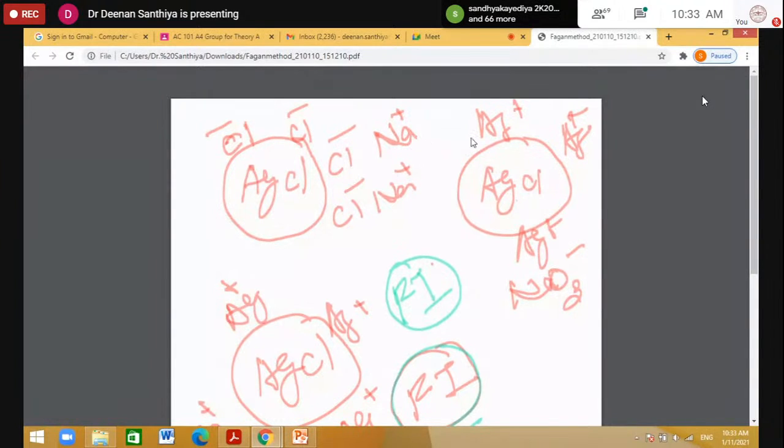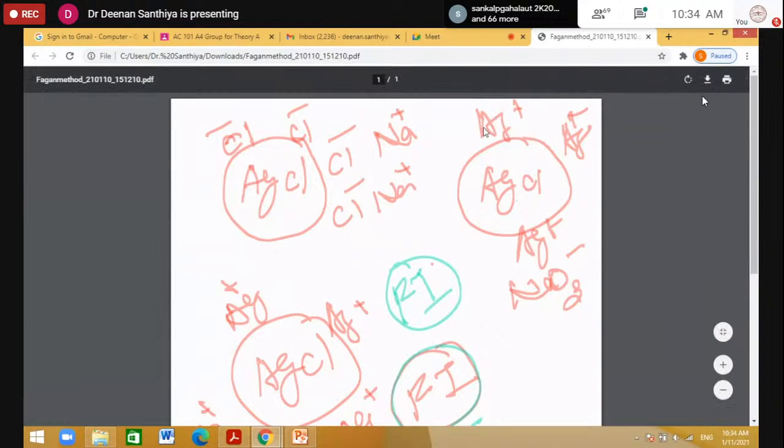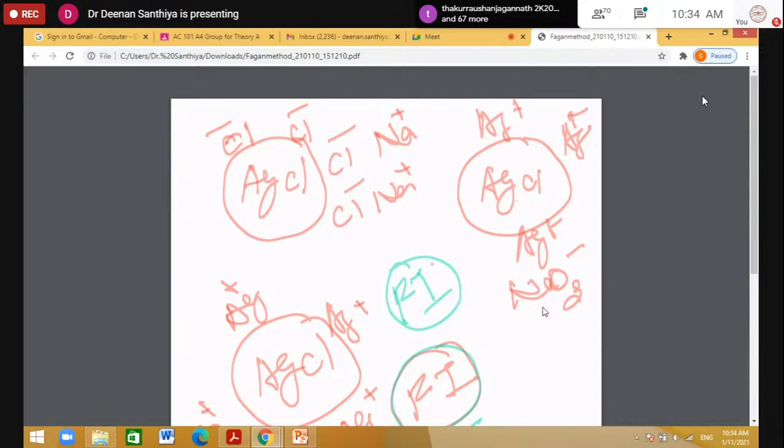So what will happen at that time? Your first layer will be displaced by silver ions. After that, the second layer will form with nitrate ions. At the end point, when you add an extra drop of the silver nitrate, what will happen?